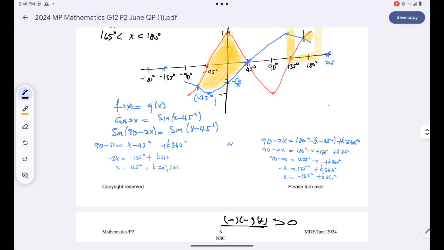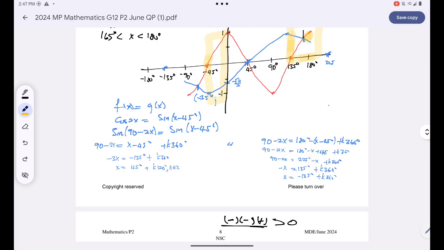Okay, let me check. That space over here, guys, between negative 45 and 0 degrees.